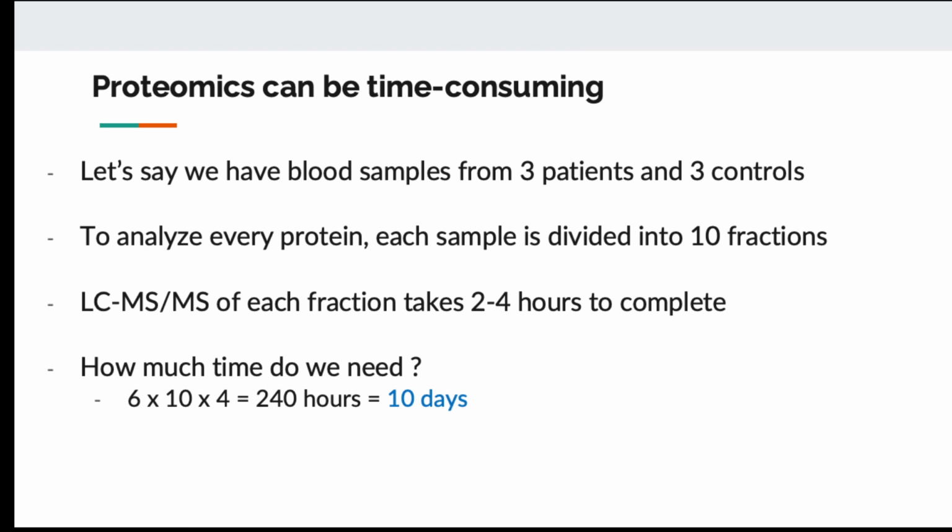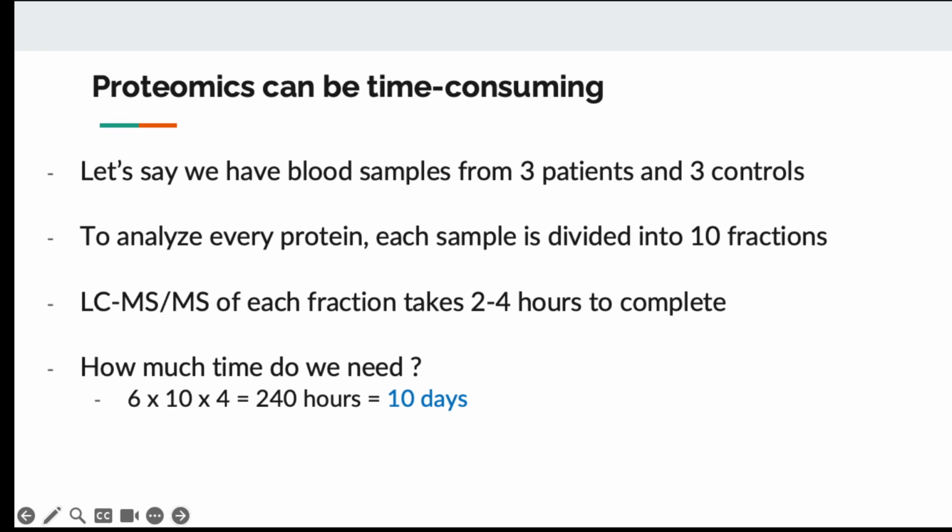Okay. So based on these techniques, we need to simplify the protein sample so that the machine has a chance to scan or analyze everything. This also makes proteomics very time consuming. So let's say we have 3 patients and 3 controls. This is a very small scale study.